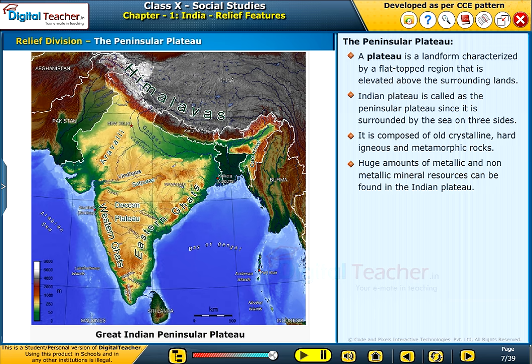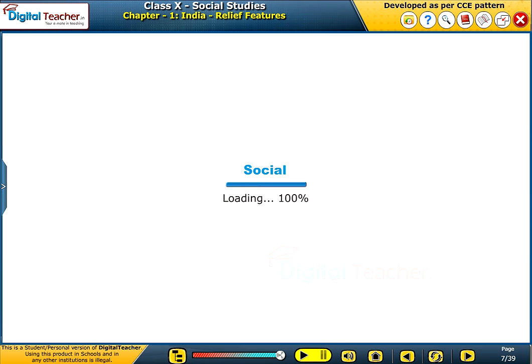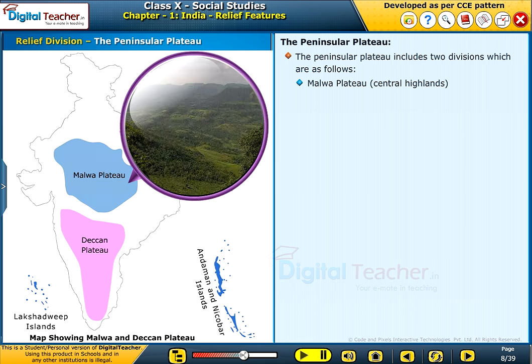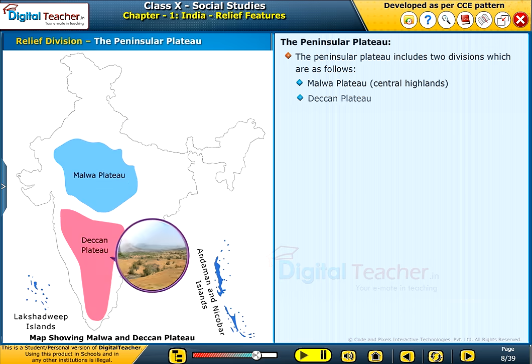Now, let us know more about the Peninsular Plateau. The Peninsular Plateau includes two divisions which are as follows: Central Highlands and Deccan Plateau.